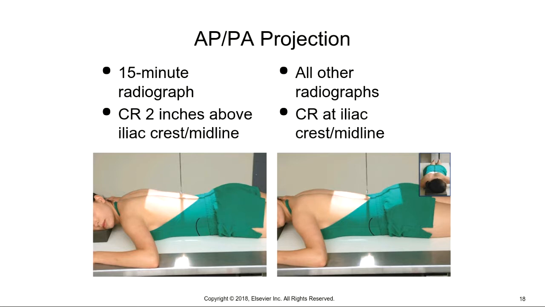So notice that the first image is 15 minutes, central ray is 2 inches above iliac crest and midline, and then after that, your 30, 45, and 60-minute images, and any subsequent images, are all going to be central ray at iliac crest and midline. You can see in this first one, they're outlining her iliac crest, and they're about 2 inches above, and midline being down the spine.